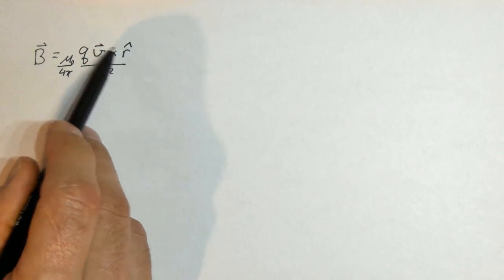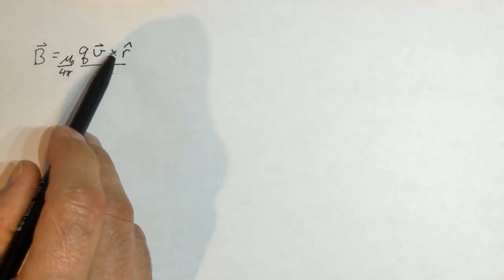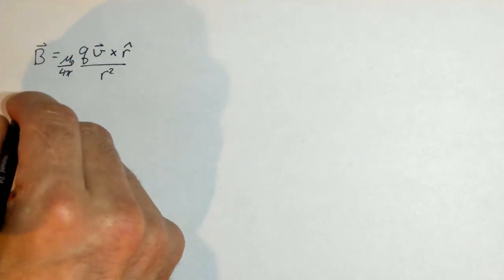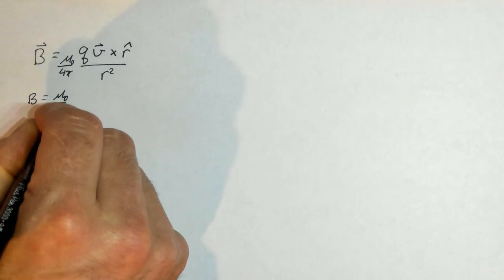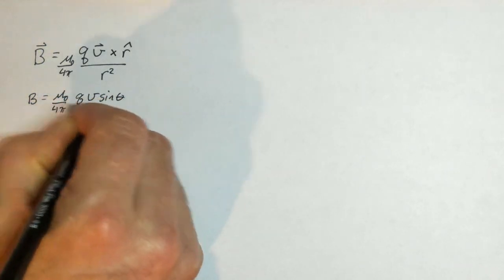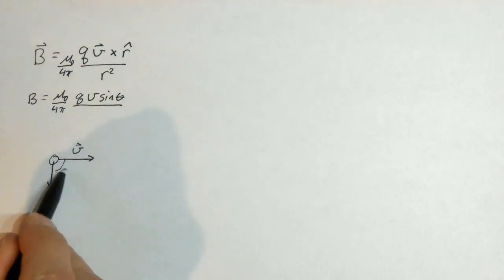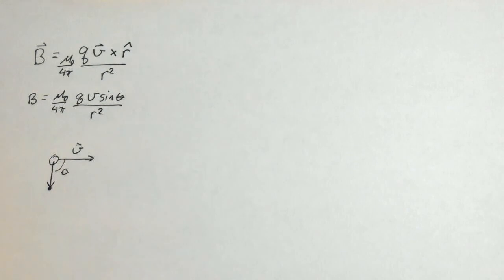So when I think of this v cross r hat, remembering that cross products give us the sine of theta, I can rewrite this in magnitude, or at least without the direction involved, as qv sine of the angle between v and r hat, so this would be the theta, which in this case is 90 degrees, divided by r squared.